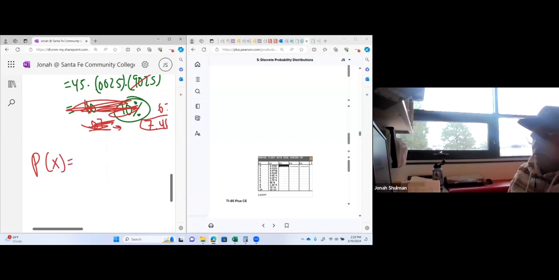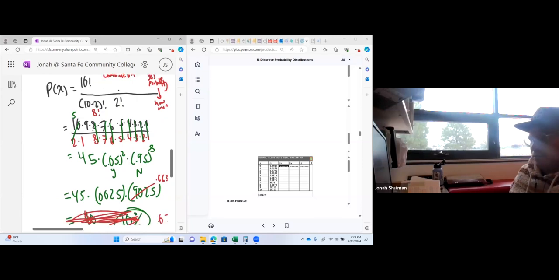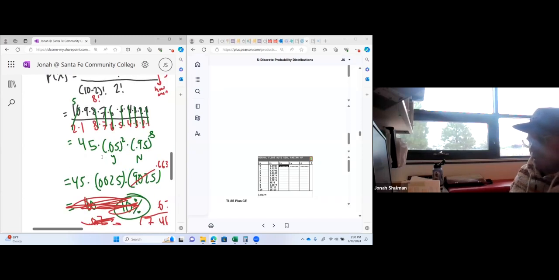So we know it's going to be n factorial over n minus x factorial, times p to the x. Sorry, I think it's p to the x and then it's q to the n minus x.